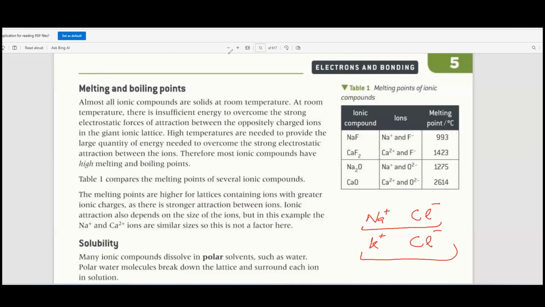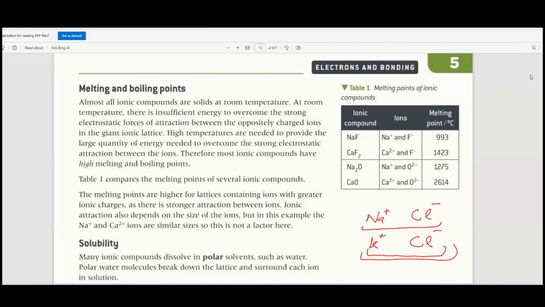If you think about sodium positive, I'm a bit confused about this one. Potassium will have more protons, so will it have a higher force of attraction for chlorine? I think potassium will have more electrons, so it will have higher force of attraction between potassium and chlorine, and that's why the higher melting point will be for potassium chloride.